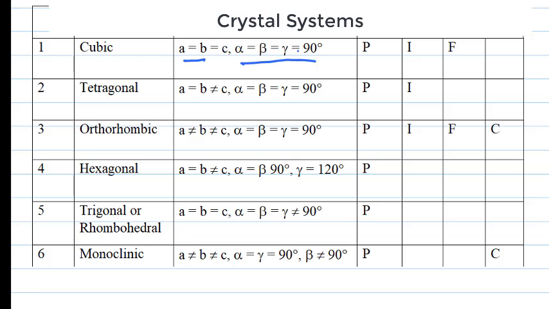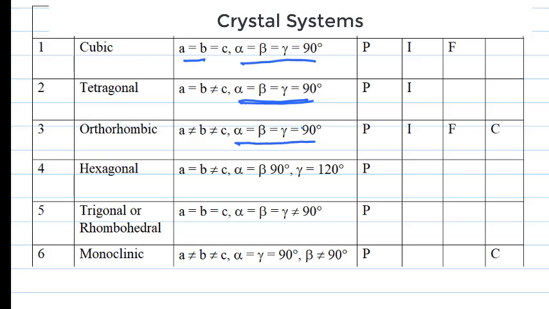Depending on how these A, B, C, and alpha, beta, gamma are. For example, in the tetragonal structure, A is equal to B, but that is not equal to C, right? But this is again like the cubic system. Alpha, beta, gamma are all equal to 90°. Then we have the orthorhombic structure, wherein A is not equal to B and B is not equal to C, but alpha, beta, gamma are still all equal to 90 degree.